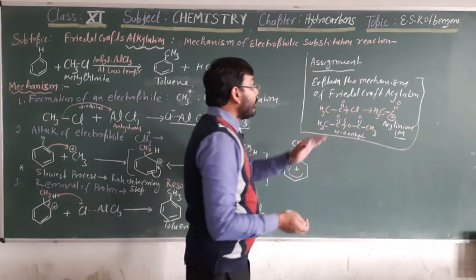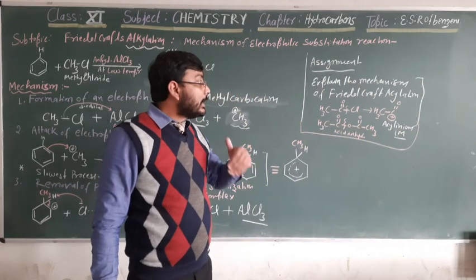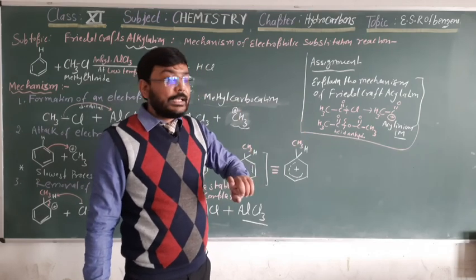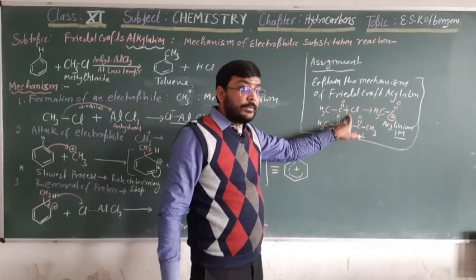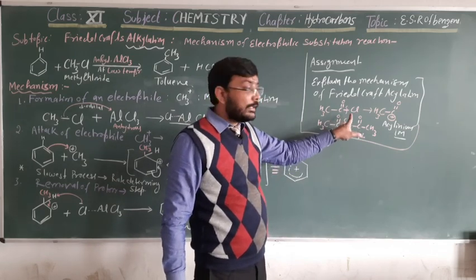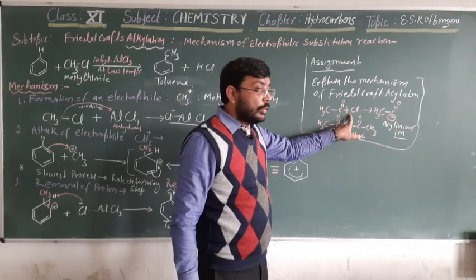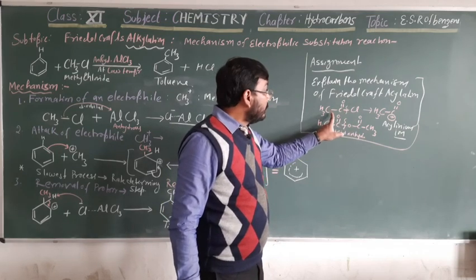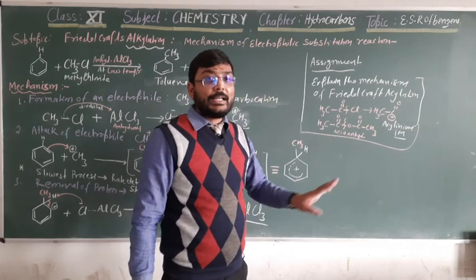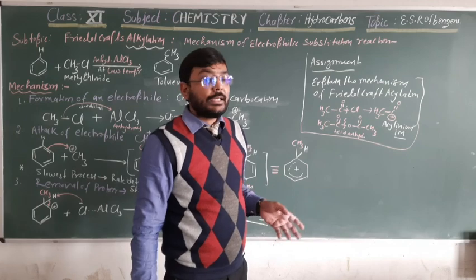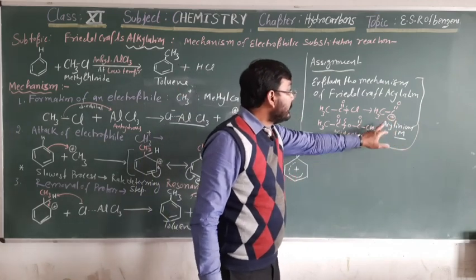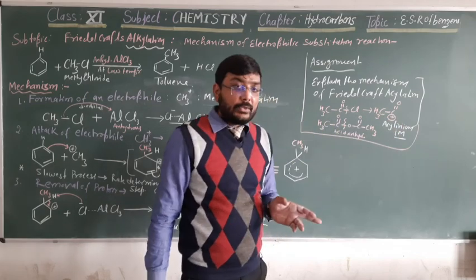So in the Friedel-Crafts acylation process, the acylinium ion is the electrophile that is generated from an acyl chloride, such as methyl chloride, ethyl chloride, or from any acid anhydride, acetic anhydride, propanoic anhydride, any anhydride you take, and then you will get the acylinium ion. That acylinium ion acts as an electrophile.